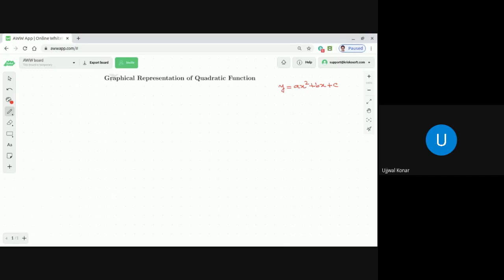And dear students, the graphical representation of this quadratic function takes us to a topic called parabola, because the graphical representation of quadratic function actually represents a parabola. It is a parabolic equation.